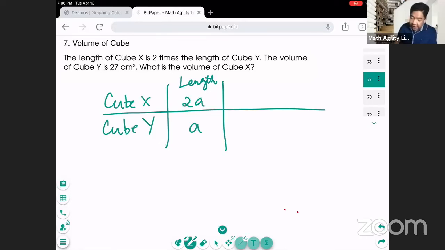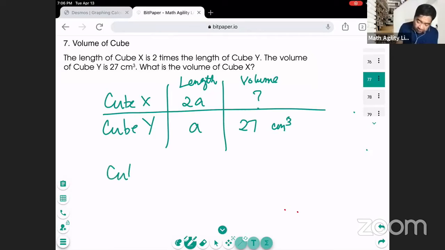That's the length of cube X. It's given that the volume of cube Y is 27 cubic centimeters, and we need to solve for the volume of cube X. So that's the question mark. How can we solve this?